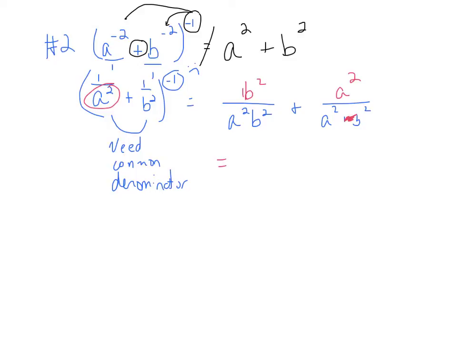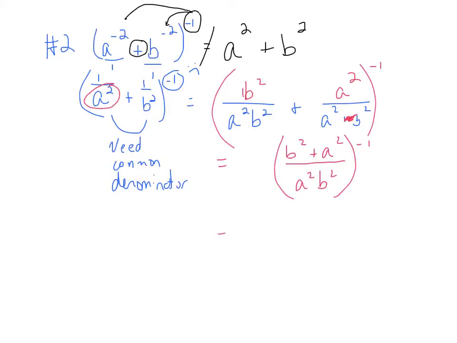Okay, now you got a common denominator. That's great. And that means you can add the fractions. You're allowed to. So this is really b squared plus a squared over a squared b squared. Nice. Now the whole thing, though, still has this stinky negative 1 up here. So are we done? No, we still got negative exponents.